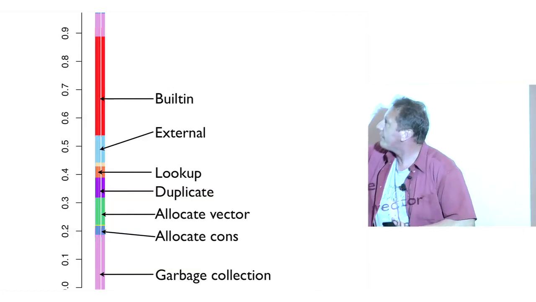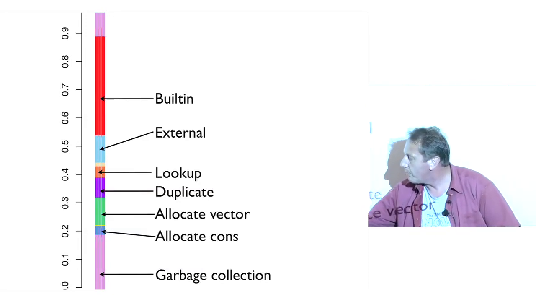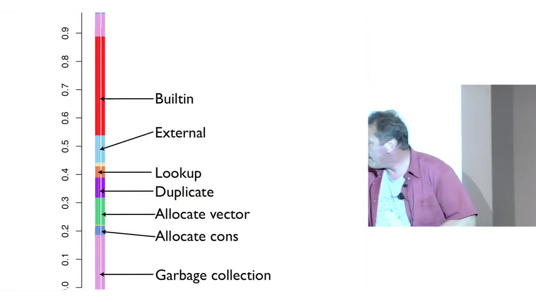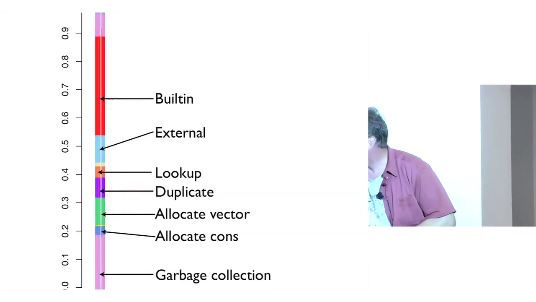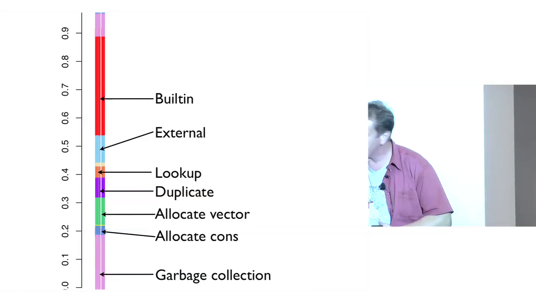We're splitting the execution time. In that particular program, we're spending about 18% of time garbage collecting, about 4% allocating cons cells, about 10% allocating vectors, about 8% duplicating those vectors.